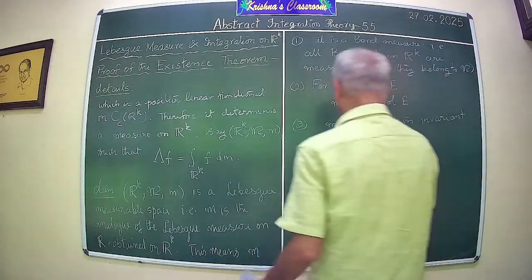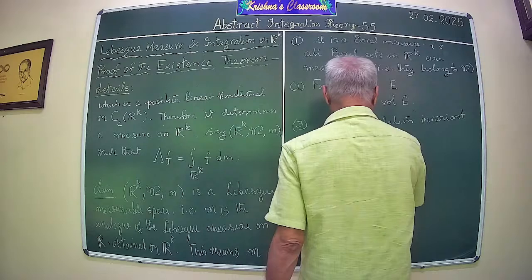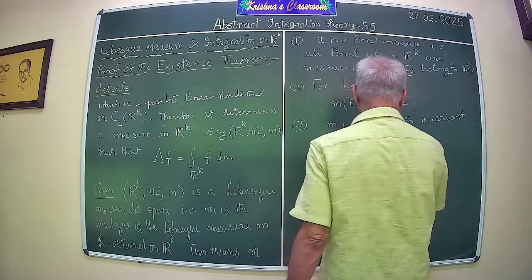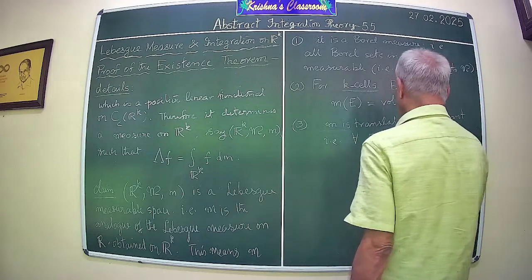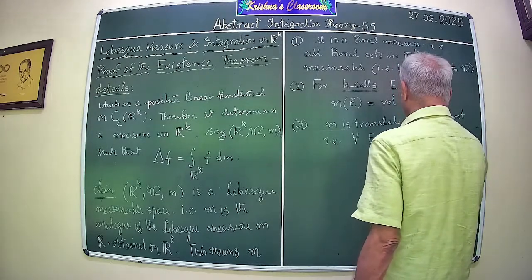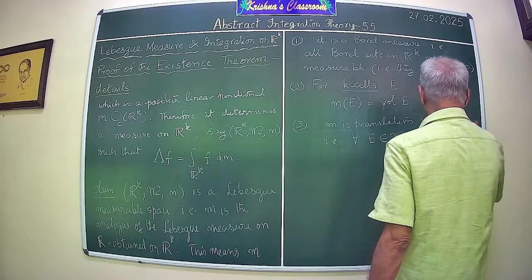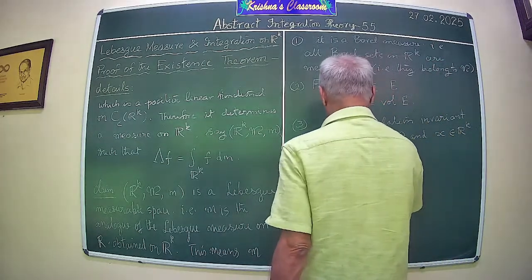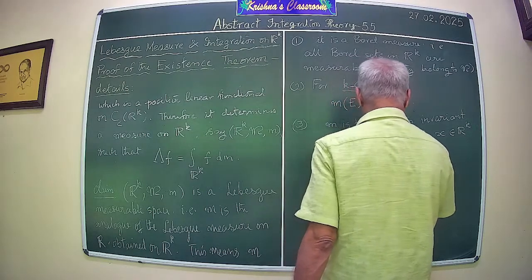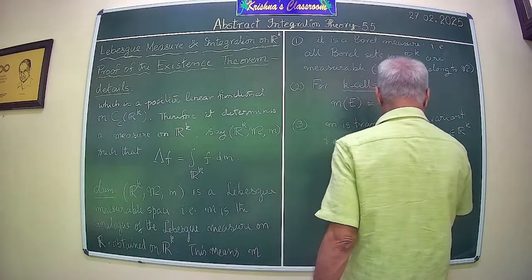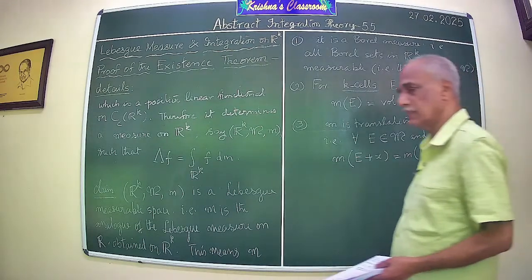That is, for every E belonging to the sigma algebra and x belonging to R^k, M(E + x) = M(E). That is, M is translation invariant.